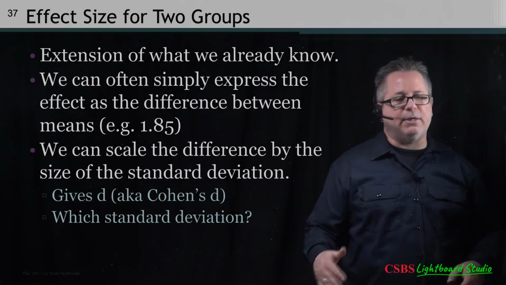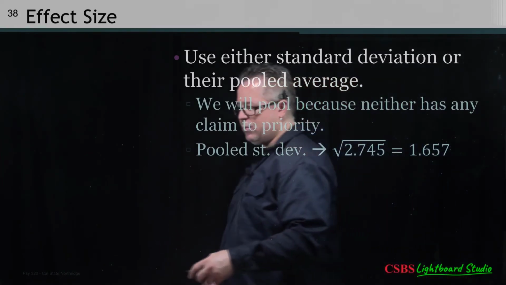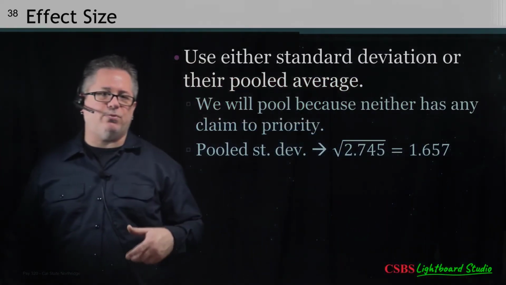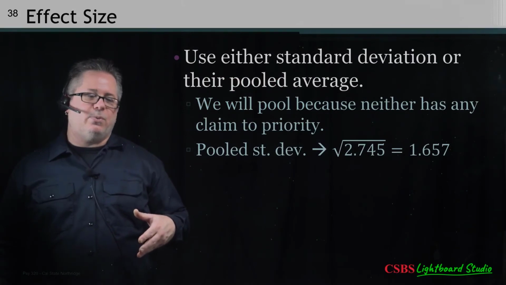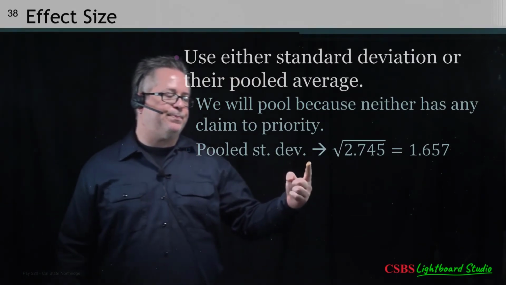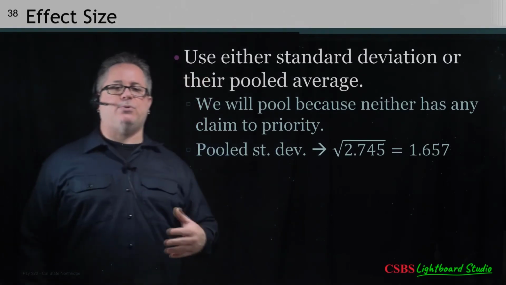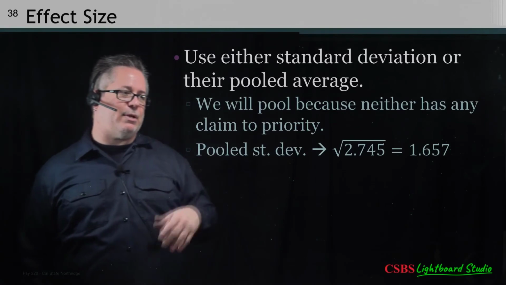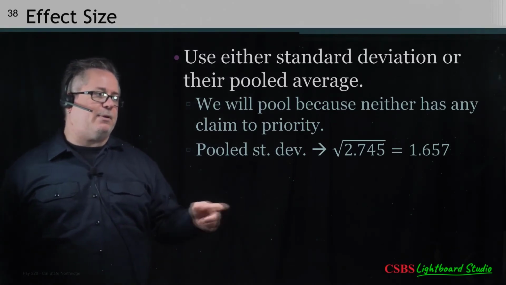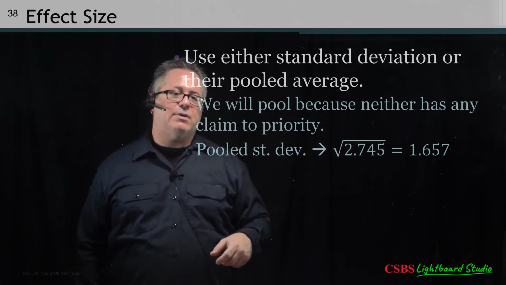Instead of picking one or the other, since we already have a pooled variance, that 2.745, we can take the square root of the pooled variance and get a pooled standard deviation. So we're going to use the idea that these two samples are coming from the same population, or at least estimating the same value in the population, and use that information we've already found to take the square root.